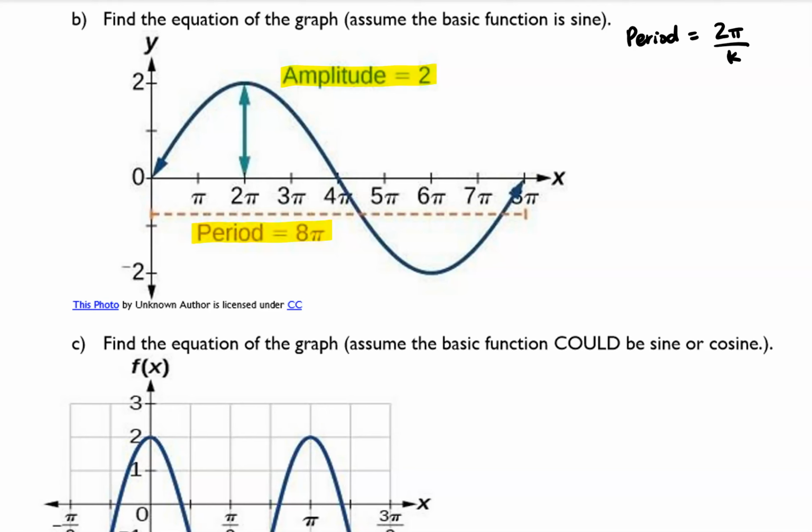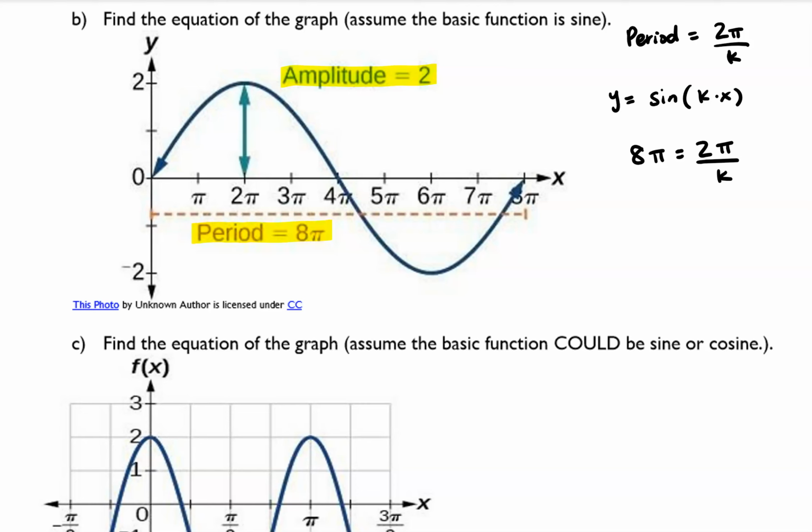And recall that the function might look something like y equals sine of kx. So since we're given the period here and we know that it's equal to 8 pi, I can plug it into that formula and I can solve for the k value in this equation.